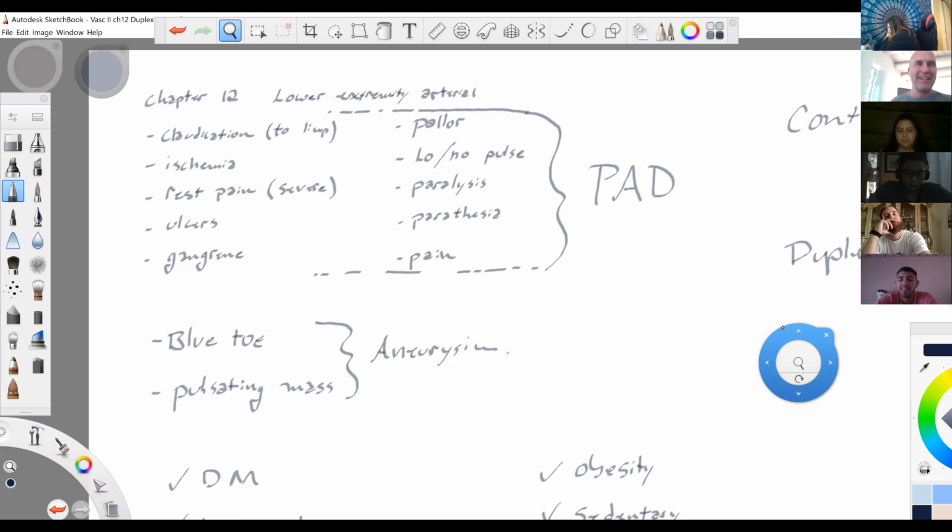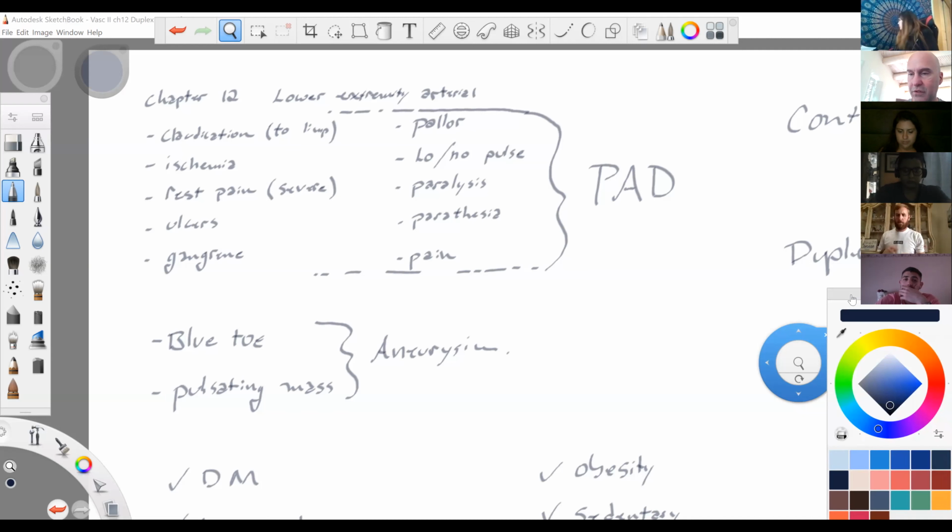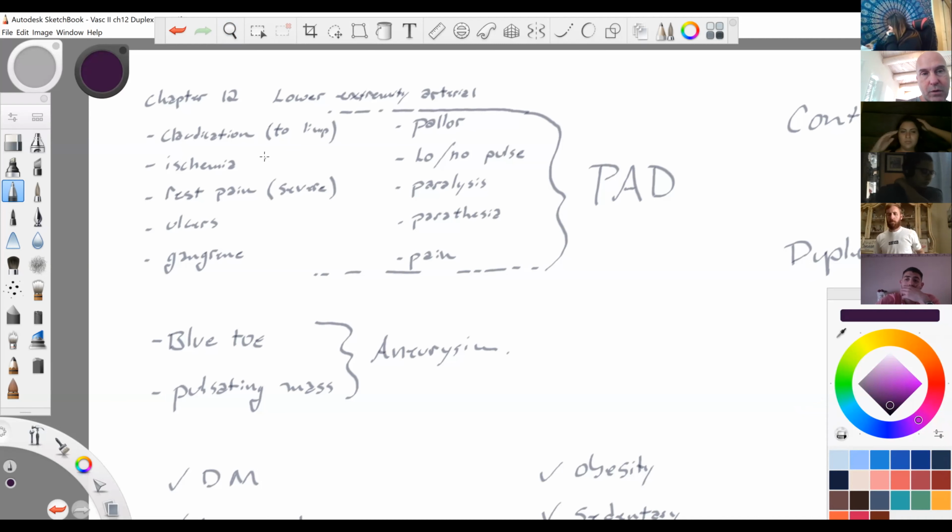Anyway, all right, chapter 12, lower extremity arteries. The reason why we're doing these, we've already talked about in the previous chapter: claudication leads to limp. Ischemia, in other words, tissue damage or tissue pain due to a lack of O2.